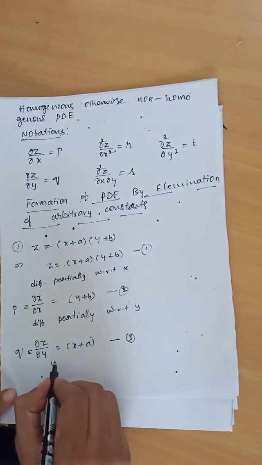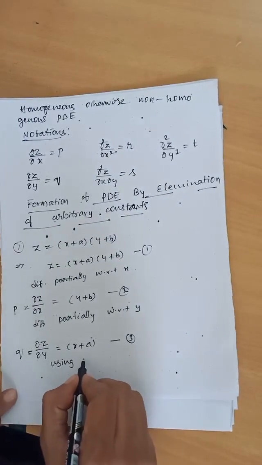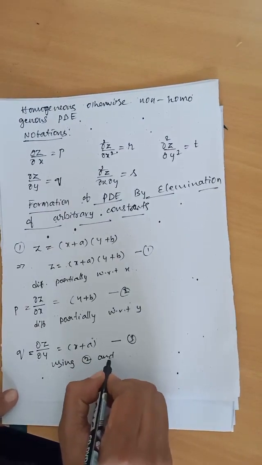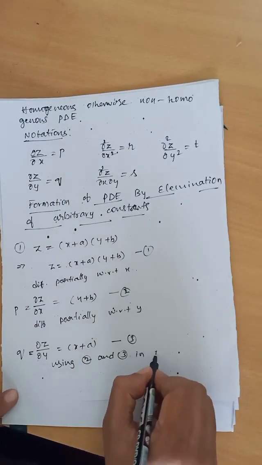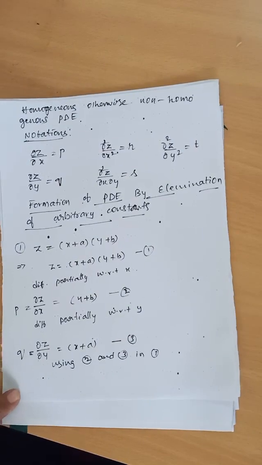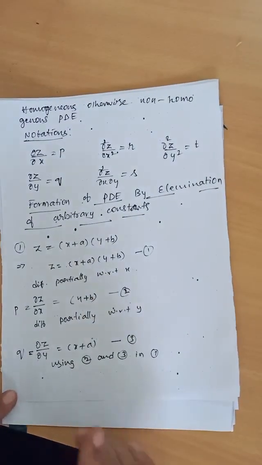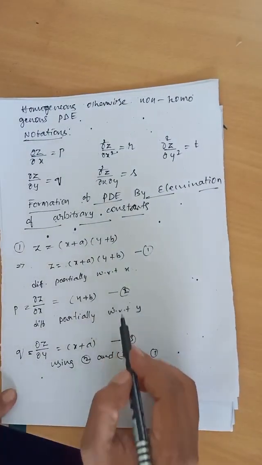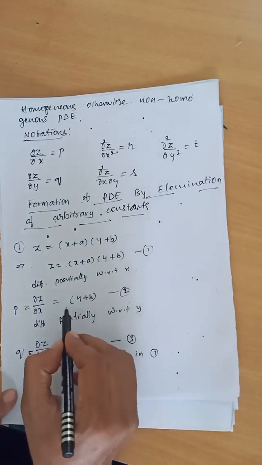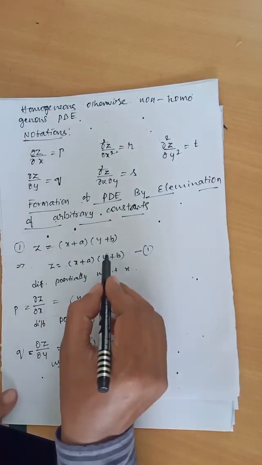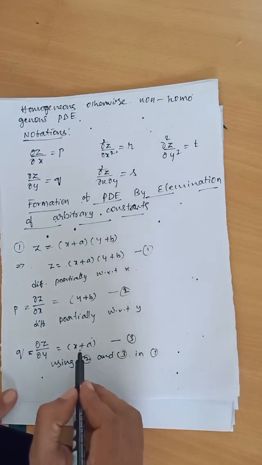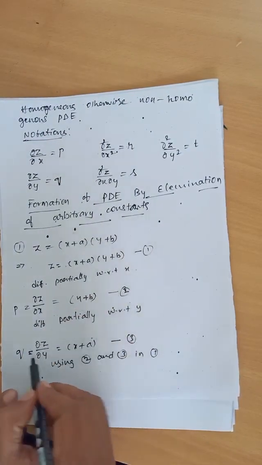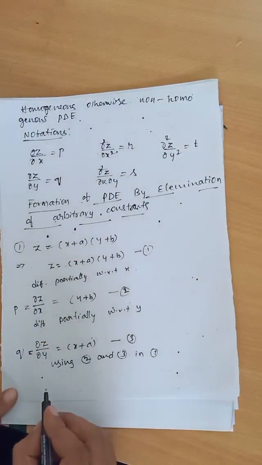Using 2 and 3 in 1 is the unique option to eliminate a and b. See, from equations 2 and 3, y plus b is p and x plus a is q. Substitute this.